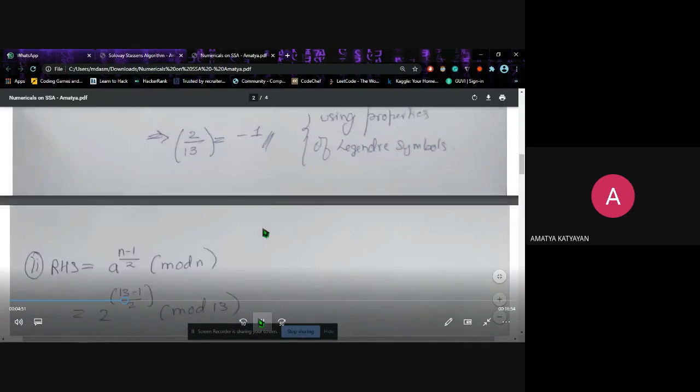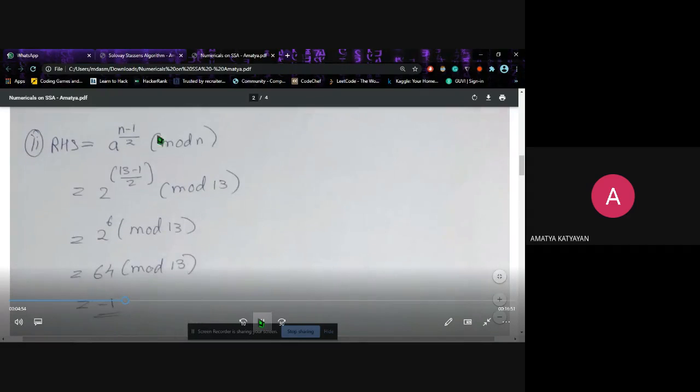Coming to the RHS, what we do is we take a raised to n minus 1 upon 2 mod n. So a raised to n minus 1 upon 2, n was 13, 13 minus 1 would be 12 by 2, that is 6, and 2 raised to 6 mod 13.